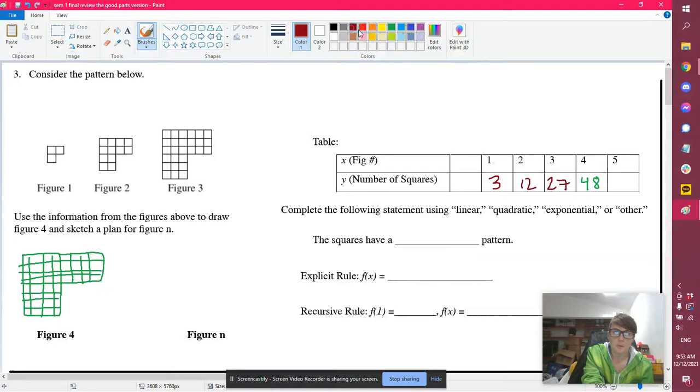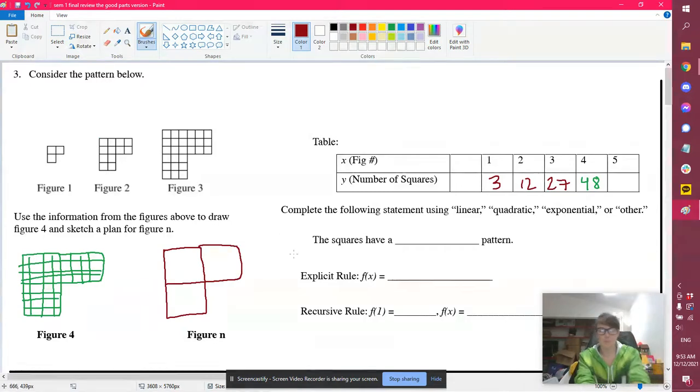Great. For figure N, what I want y'all to draw on the final for figure N is just the shape that you're finding, the way you were counting. So if you were counting blocks of n squared, like if you were counting this as 4, 4, and 4, and 9, 9, and 9, and 16, 16, and 16, the way I would want you to draw figure N would be n squared, n squared, and n squared.